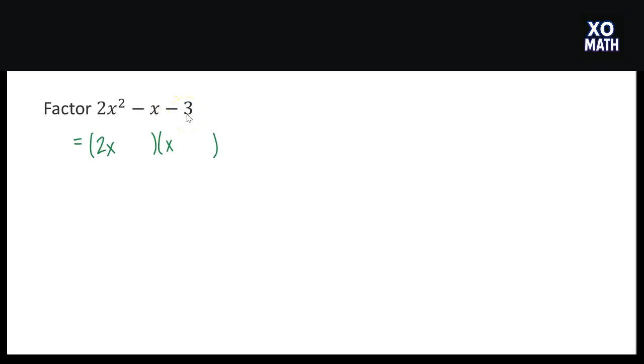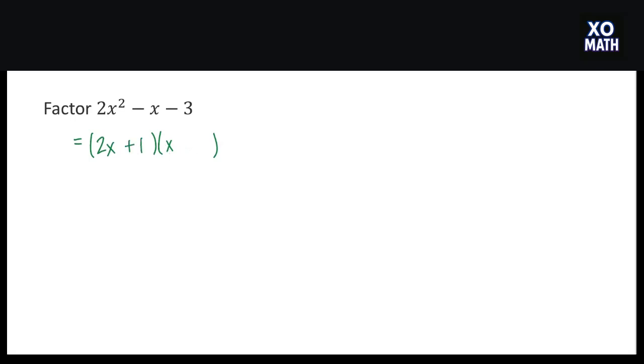So in terms of our guesses, to multiply to get negative 3, we have negative 3 and 1 or positive 3 and negative 1. But we can put those two values in different orders. So in other words, if I choose negative 3 and positive 1, I could put the negative 3 with the 2x and the 1 with the x, or I could do it the other way around, which would give me different values.